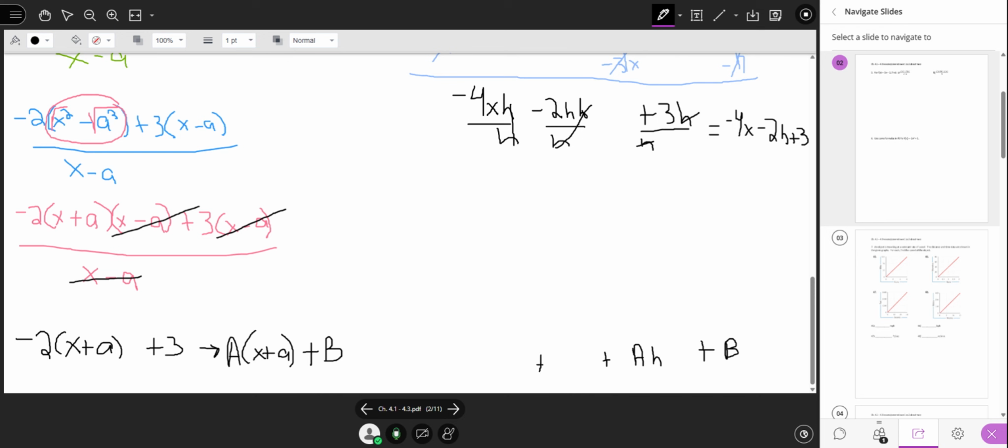Plus, that's not quite what I wanted to put. Two A and put an X with it.